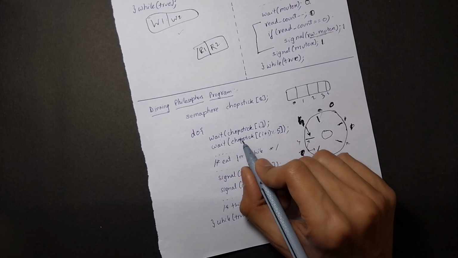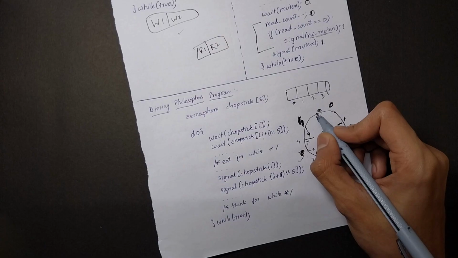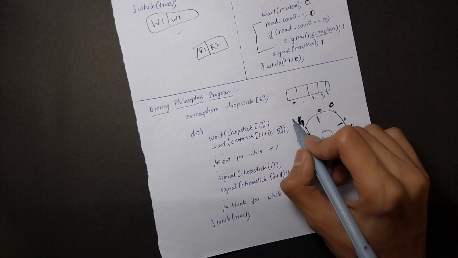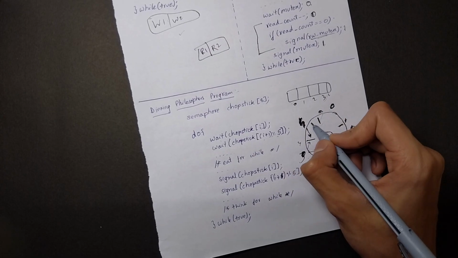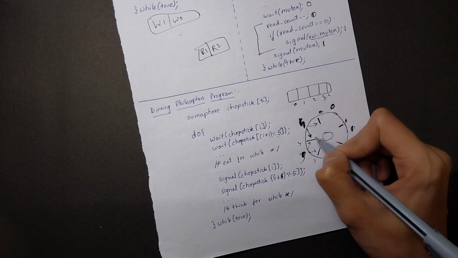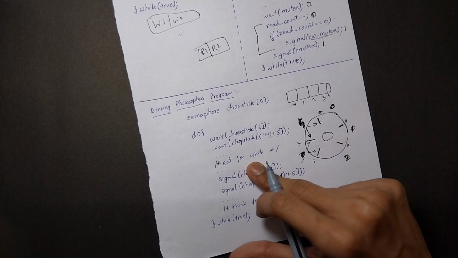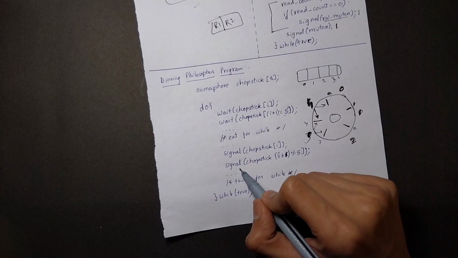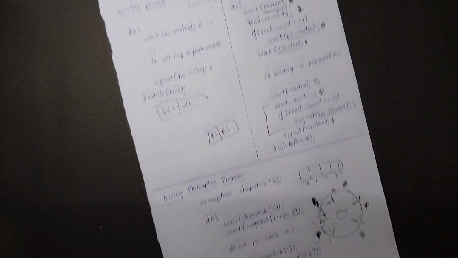Then chopstick of i plus 1, so 4 plus 1 is 5. But I need to pick from 0, so that is why we use modulo, so that it will convert to 0 once again. So 5 modulo 5 is 0, right? So that is why he will choose this chopstick. So after getting both the chopsticks, only then he will eat for a while, and then after eating he will release them using the signal command, then think for a while. So this is how the code runs.